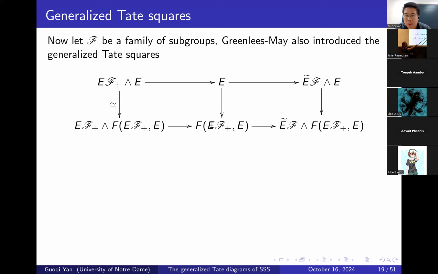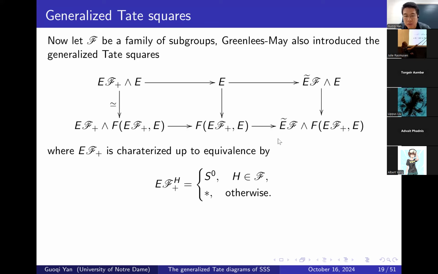The great thing about this F-completed part is that it only depends on the so-called F-homotopy type of E, which is some subgroup level information. And this localized part has better periodicities. So this also provides a way to compute E using simpler pieces.